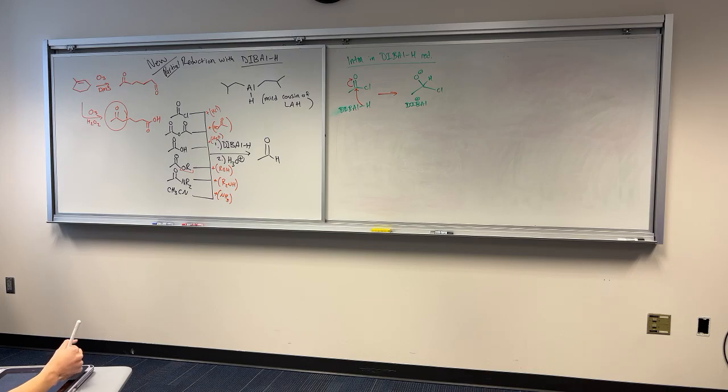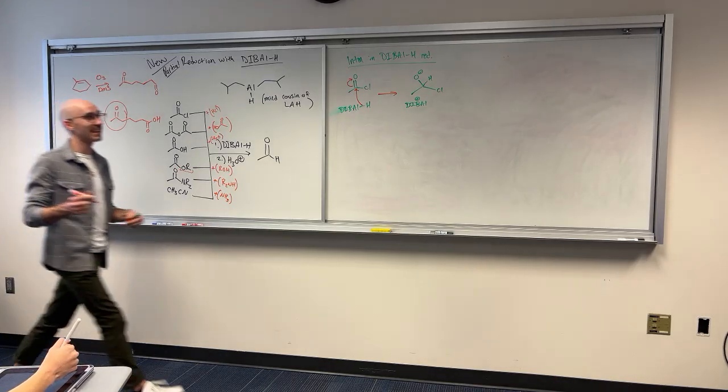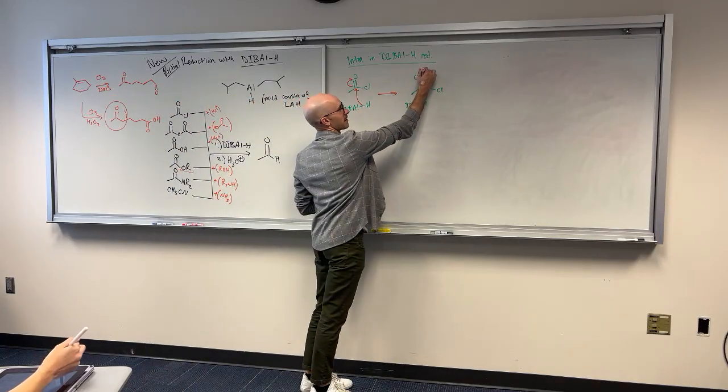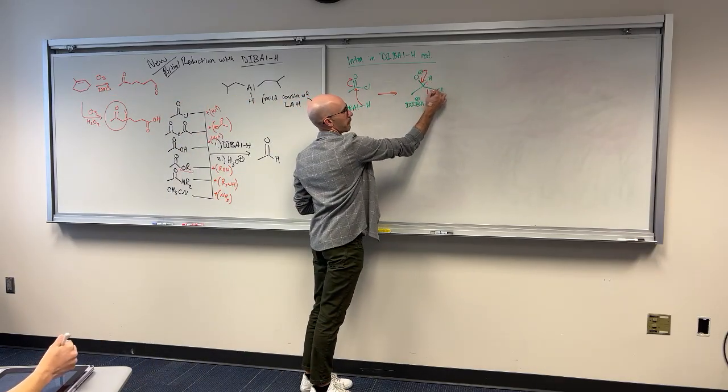This does not entirely like sitting as a tetrahedral intermediate. If it can reform the carbonyl, it will. But in order to reform the carbonyl, this tetravalent carbon will need to get rid of one of its groups. The Cl. We would say the Cl is a good leaving group.